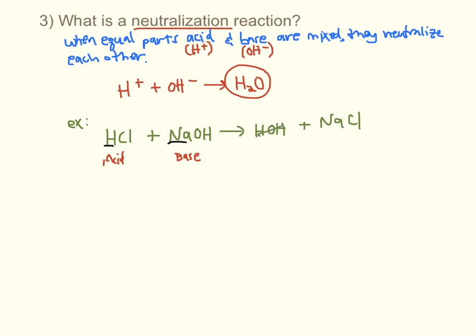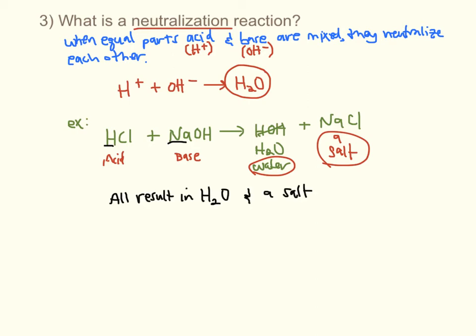HOH you can rewrite as H2O, which is water. And then you've also created a salt. In this case, it's sodium chloride salt, but it doesn't have to be sodium chloride depending on what your acid and your base are. So all neutralization reactions will result in the formation of water and some kind of neutral salt.